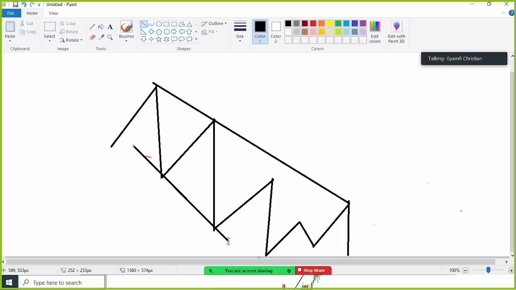Once you get your first point and your second point, feel free to extend it. Anytime the market hits that particular price or level, or whenever it hits that trend line, you expect the market to react. You expect it to stop and then reverse. If the market hits here, we expect it to stop here and then reverse.